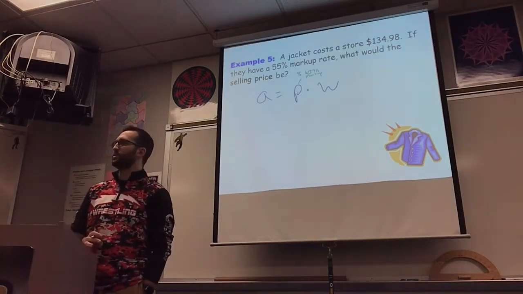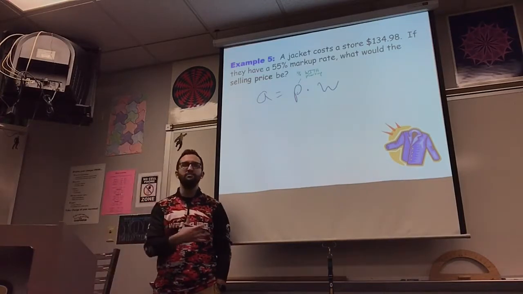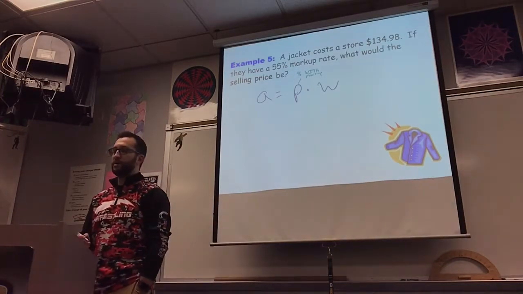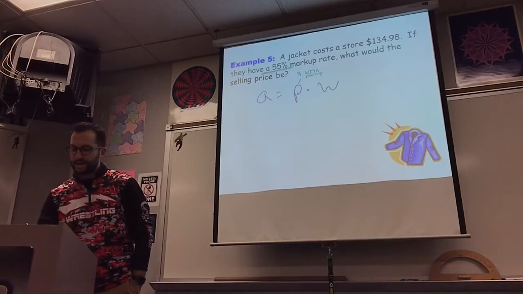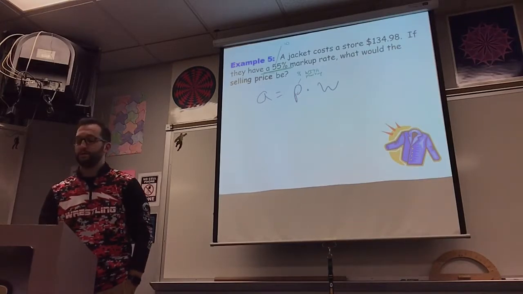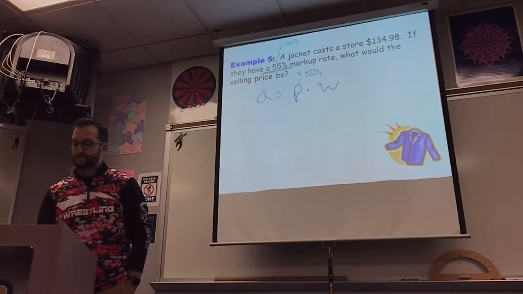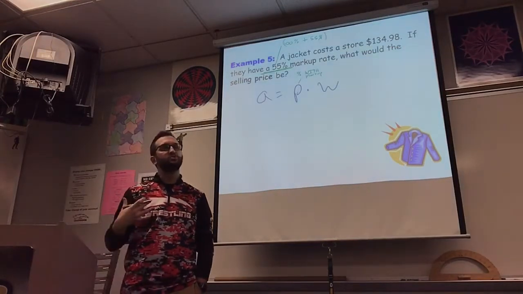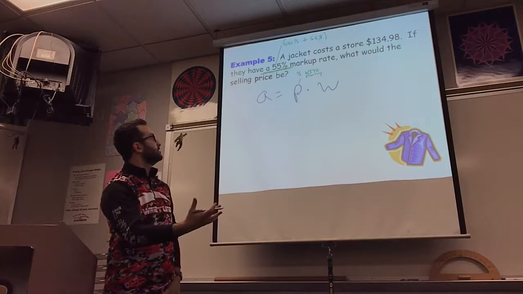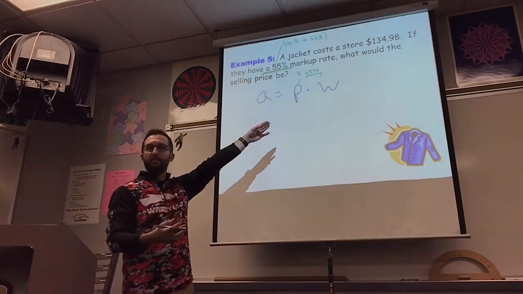How does that change what I'm doing? Instead of percent of markup, I'm going to do percent with markup. Because 55 is not going to be P, I'm going to have this be 100% plus 55%. That'll make it so I can go straight to the selling price. So that's percent with markup.